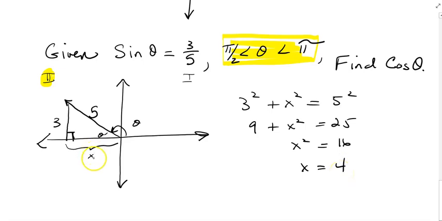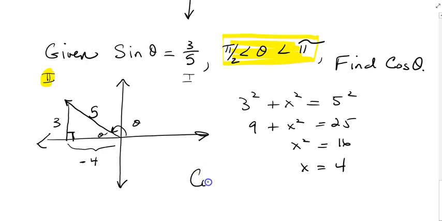All right, but I have to look very carefully. I now know the length is 4. But look at what quadrant you are in. Because you are in quadrant 2, all x values are negative.